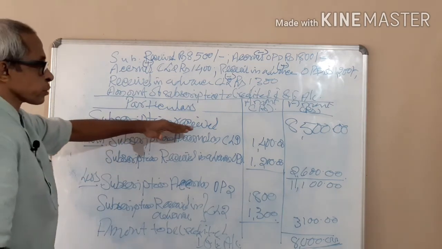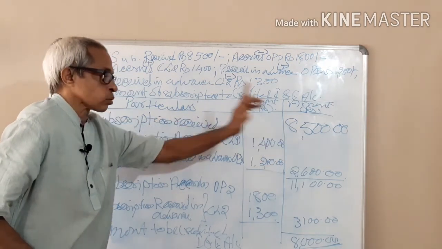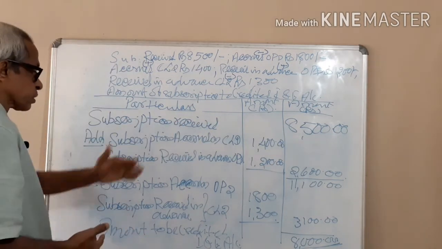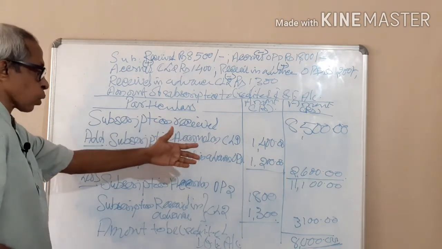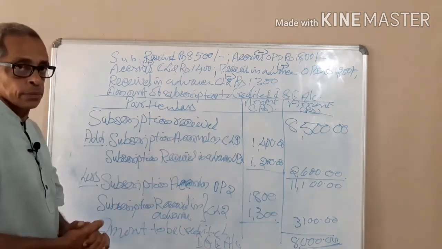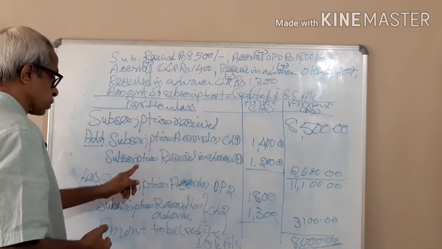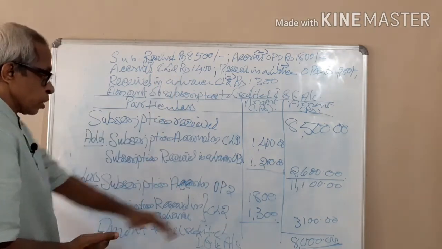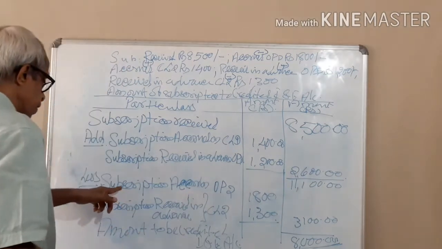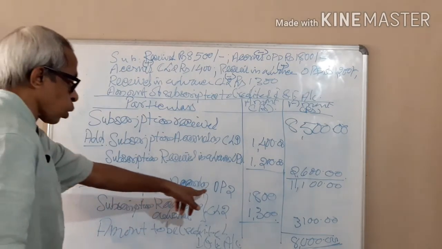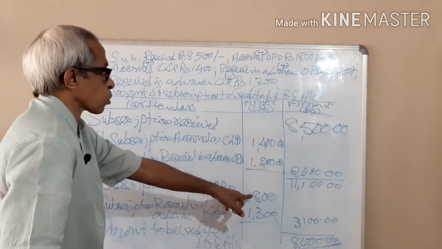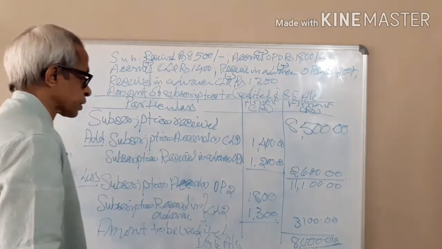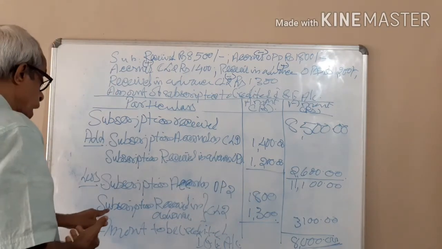So total amount of subscription received during the year is 8,500. To that we add subscription accrued on the closing date. And next is subscription received in advance on the opening date should be added. To the total figure, we deduct subscription accrued on opening date. Subscription accrued on opening date is 1,800 should be deducted.